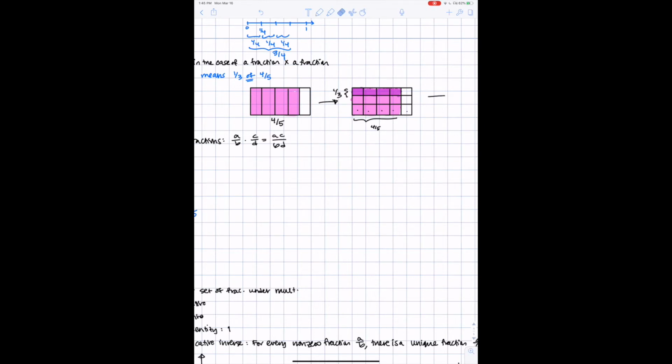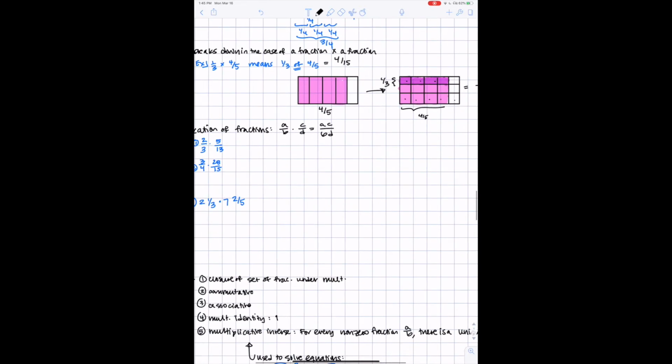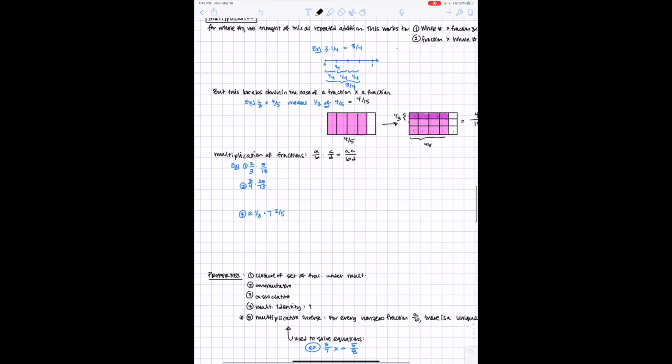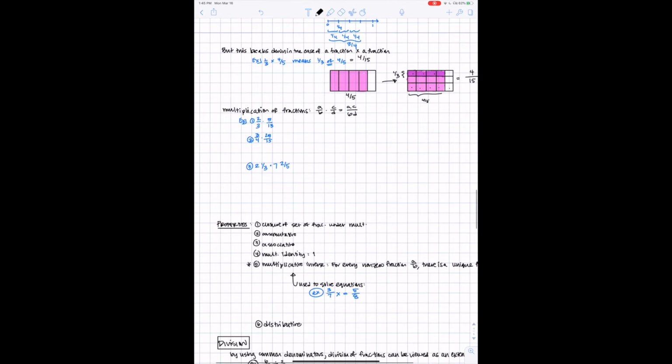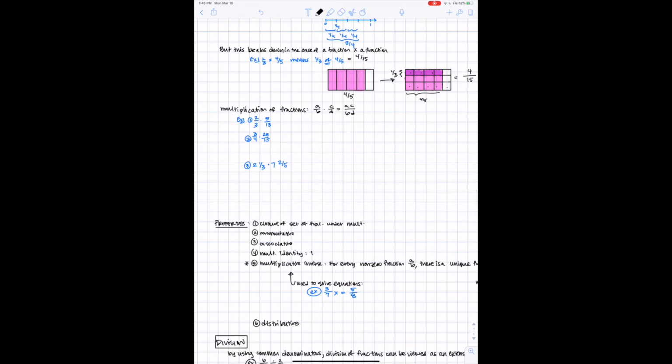Oops, sorry, 15, right? There are 15 boxes here, and we've colored 1, 2, 3, 4 of them. So 1/3 times 4/5 should be 4/15. Great. So that's one way we can model fraction multiplication when we have two fractions.